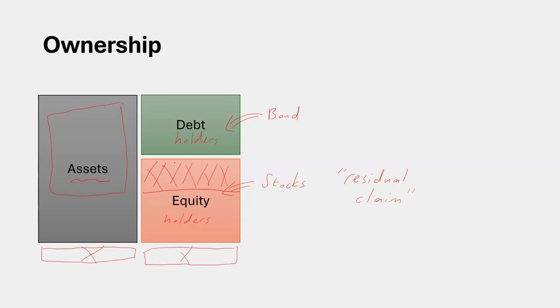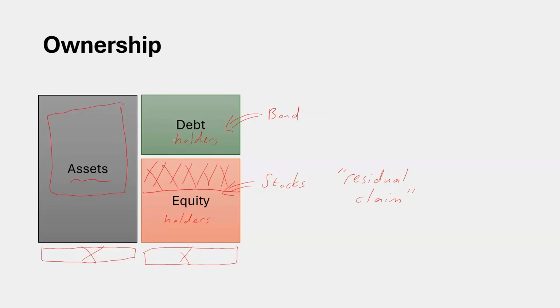So if the business does great, equity holders do great as well. So they basically benefit from the upside potential. But when the business does poorly, debt holders still have the priority, and equity holders need to be basically content with whatever is left for them. And in the worst case scenario, sometimes nothing is left for them, right?